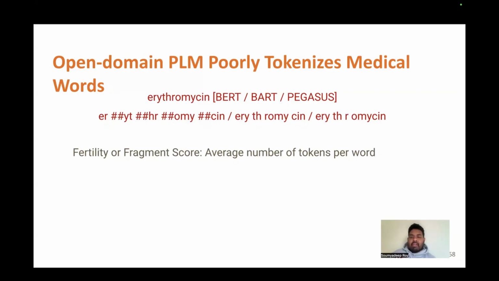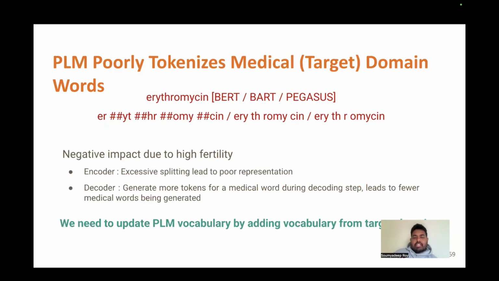That is the average number of tokens over the entire corpus, for a given vocabulary, that the tokenizer splits a word into, right? And it has been seen that splitting medical words into more subwords than average leads, on the encoder's side, to a poorer representation, because for these words even the average embedding is usually taken for all purposes.